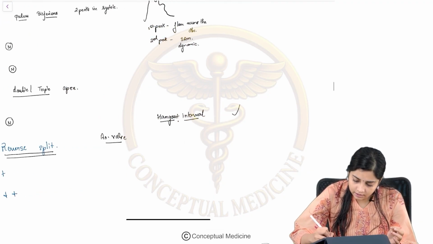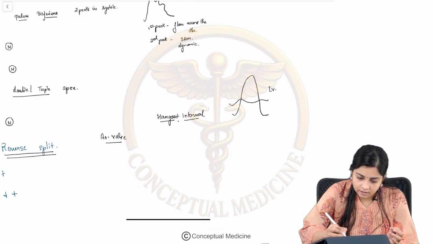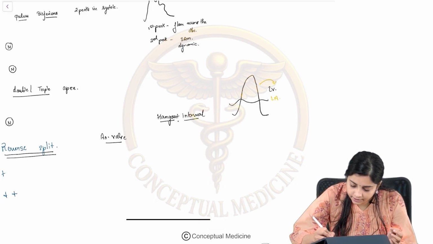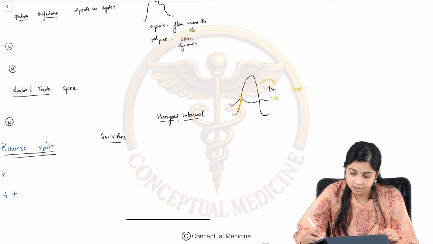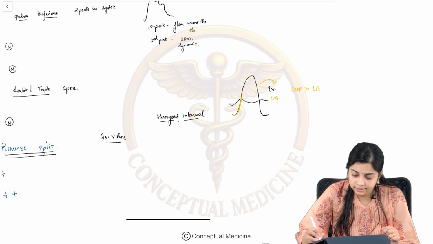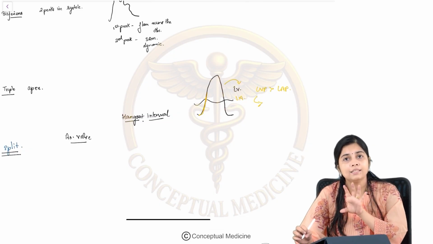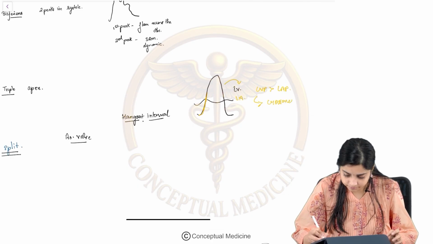So, if you see here in the Wiggers diagram, let us say that this is the LV curve and this is the LA curve. The point at which the LV pressure becomes higher than the LA pressure is what we call the crossover.